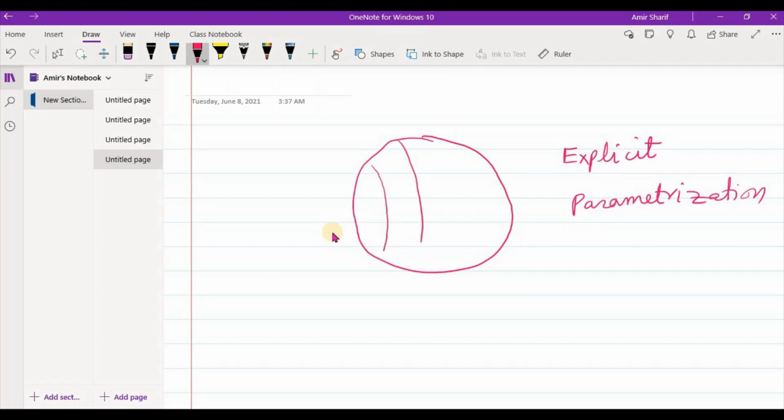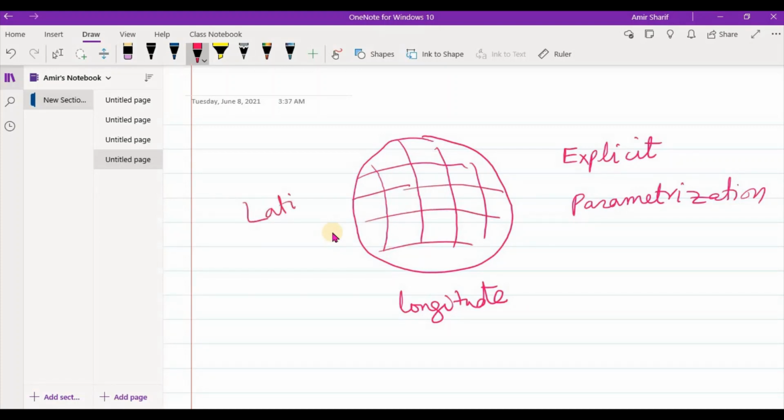And these are the longitude lines. Or you can also use latitude. So this is called explicit parameterization.